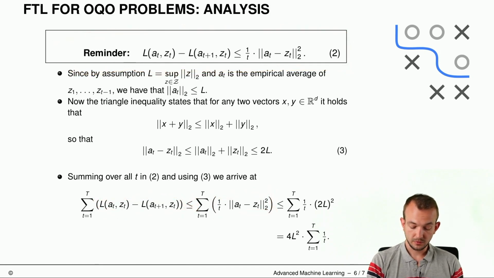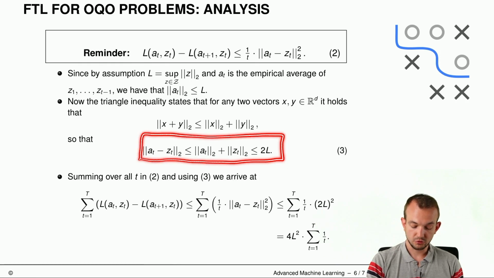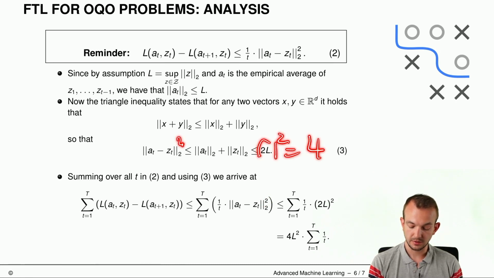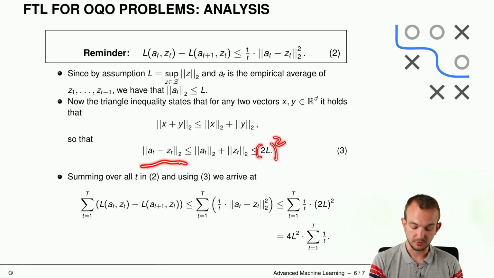Now we can make use of our triangle inequality more or less here, but we have to keep in mind that here we are squaring, but no problem because we can square this here, so we also have to square here, and what we get is 4 times L squared, or you can also leave the L squared as it is.